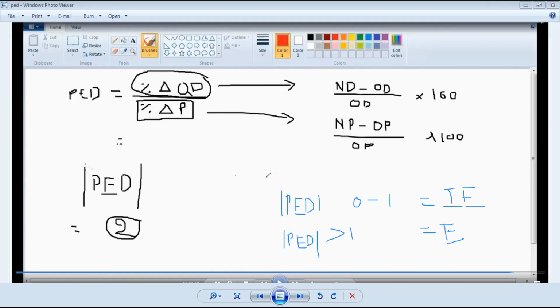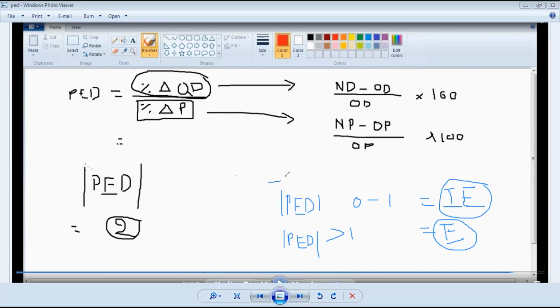Okay, all right. So now the important thing is what does inelastic mean, or what does elastic mean? So what is inelastic? Tell me. Inelastic is when the change in quantity demand is because of a change in price, right, sir? Not really.